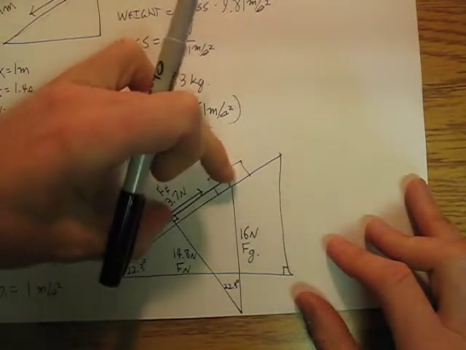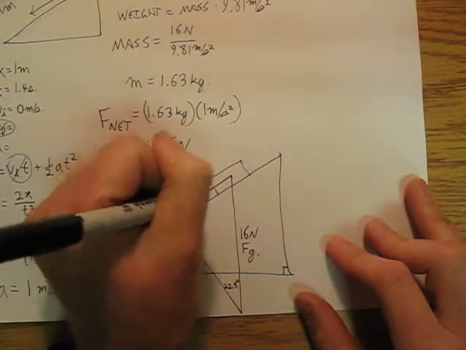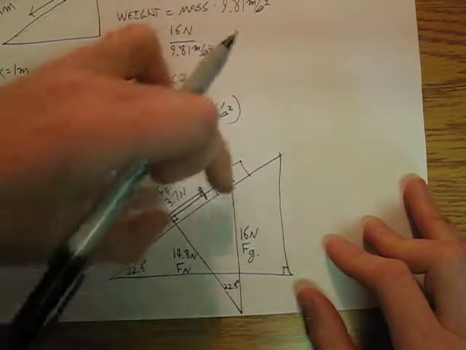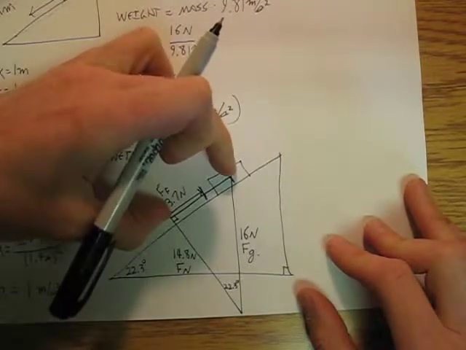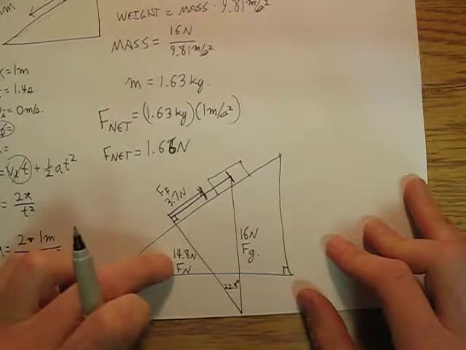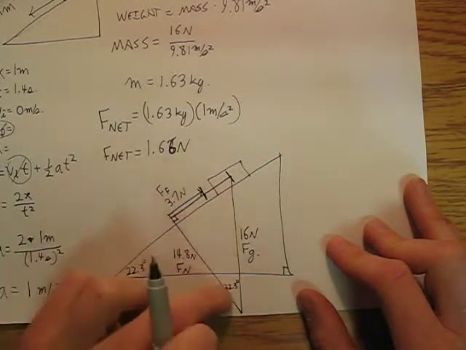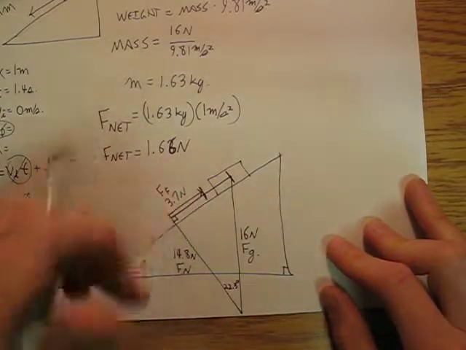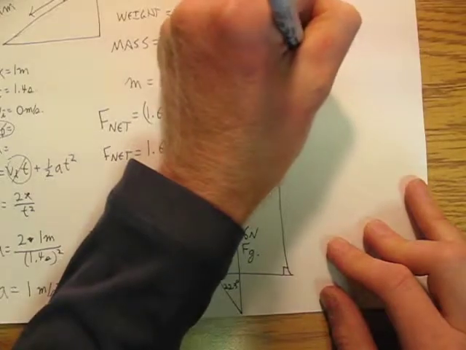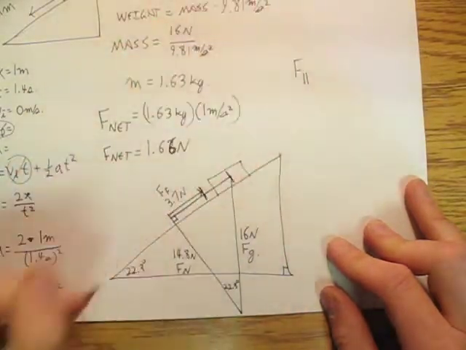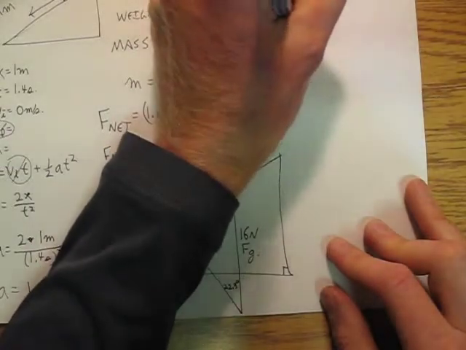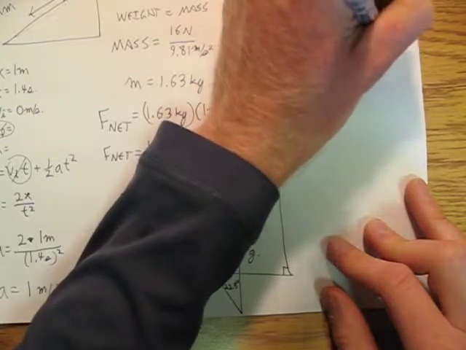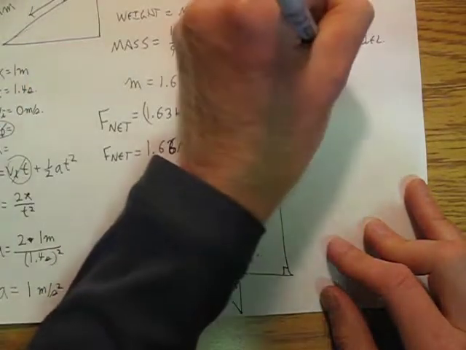So my question is, how big is this little section of vector that I haven't calculated yet? I can figure it out from this triangle. 16 cosine 22.3 gave me 14.8. I'm now going to define this dummy thing, force parallel. It's not a real force.